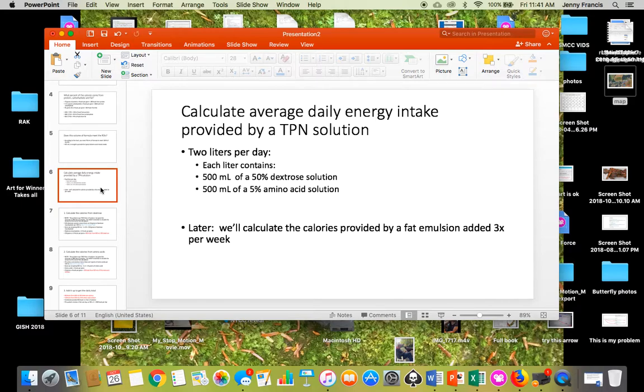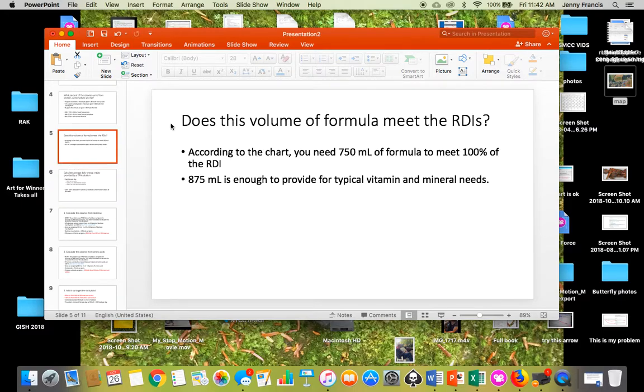Moving on to the second question, calculating average daily energy intake provided by a TPN solution. Oh, I just wanted to say, remember that it is asking you to do the calculations for question 1 for 2 formulas. So make sure you pick one from G1 and G2. It's really good practice to do those.